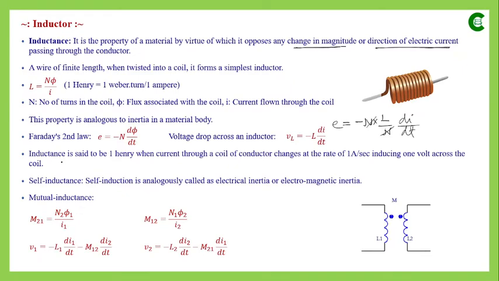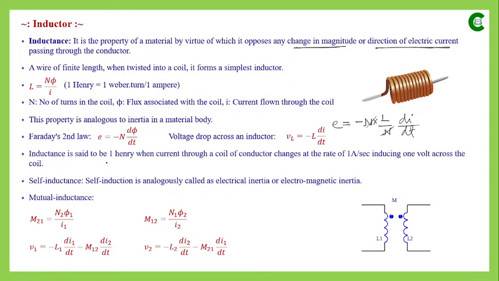Now inductance can also be explained as 1 Henry when current through a coil or conductor changes at the rate of 1 ampere per second, inducing 1 volt across that coil.